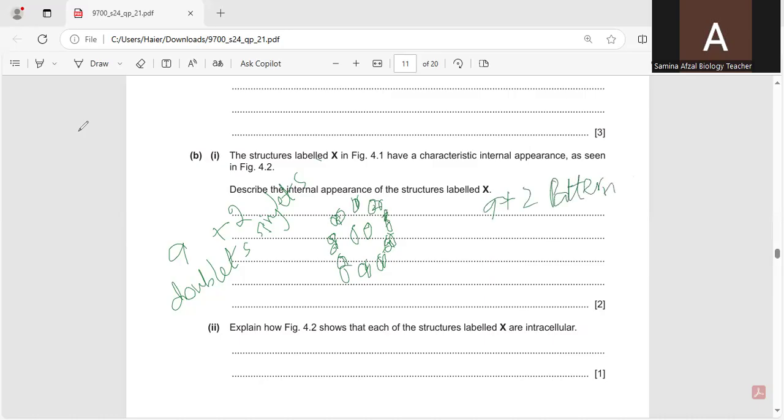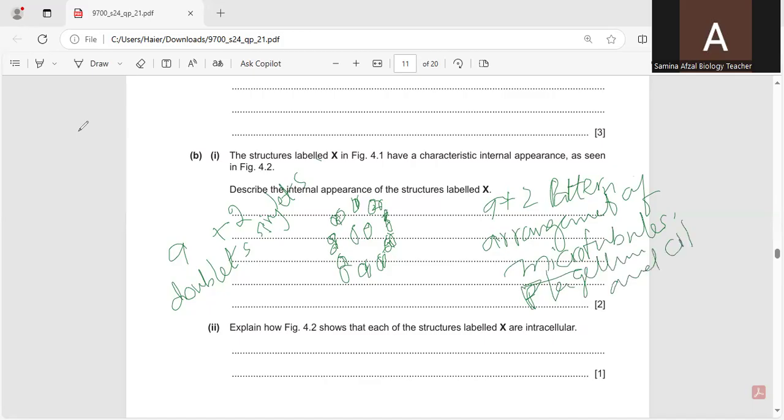This is called the 9 plus 2 pattern. It is actually the arrangement of microtubules which is present in flagellum or cilia. So this arrangement is present in flagellum and cilia.